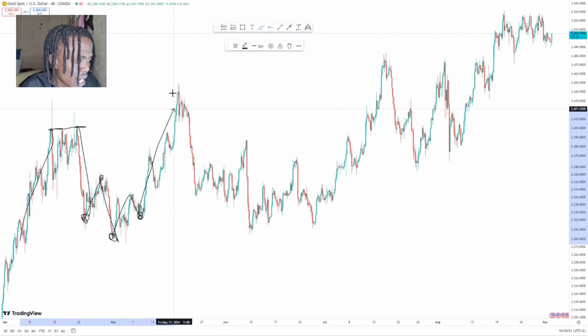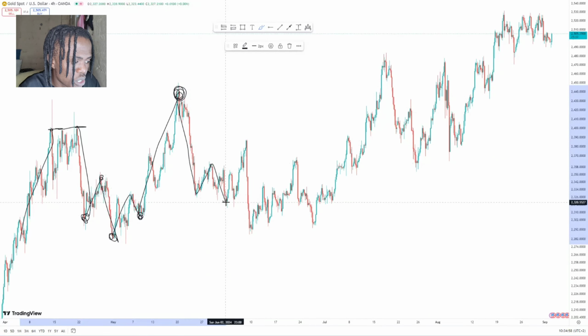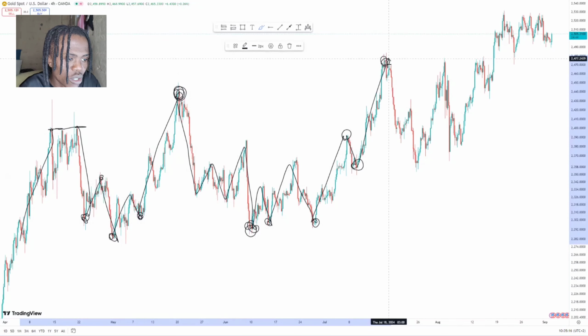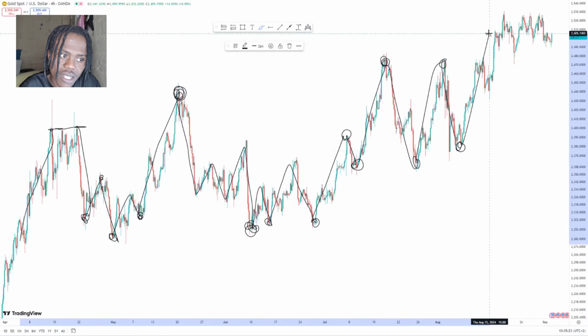A push that violated our all-time highs, and a push creating new lows, a push creating highs, and a push down creating lows, and it continues, a push up creating an all-time high and a push down creating lows.